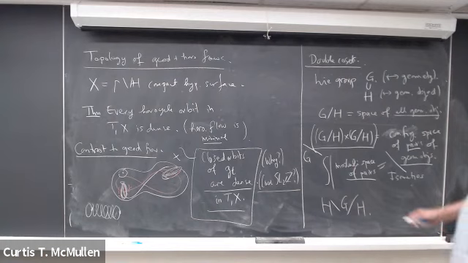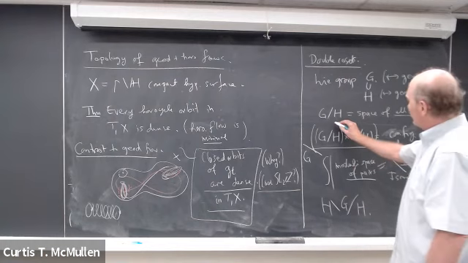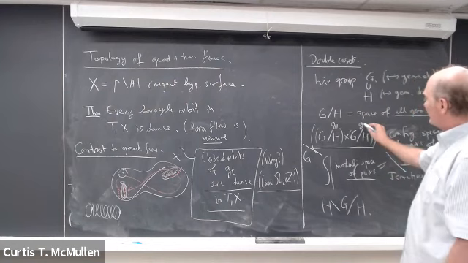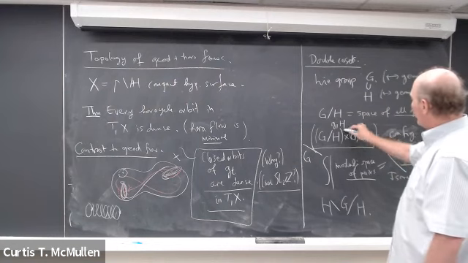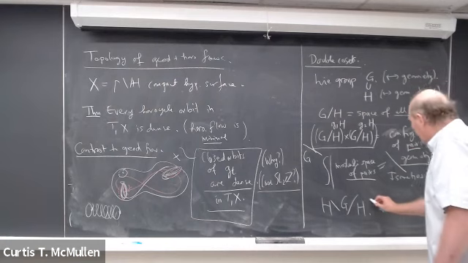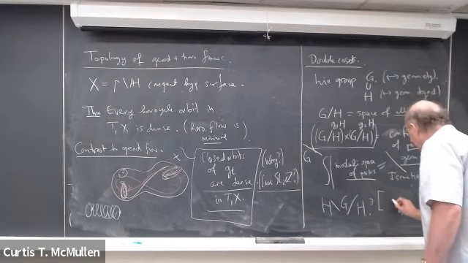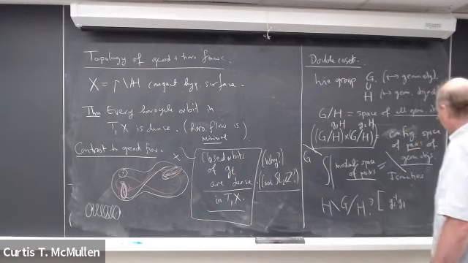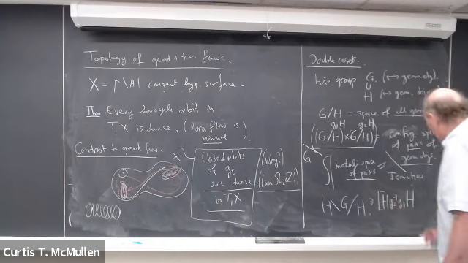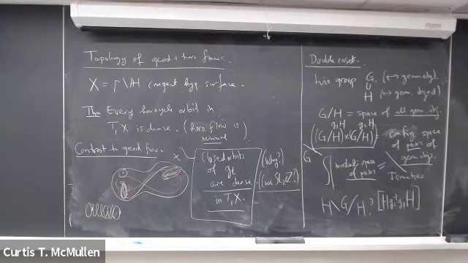And indeed, the map is, if you take an element specified by g1 and g2 here, that is the coset g1H and the coset g2H, you can associate to that the element g2 inverse g1. And g1 is well defined up to multiplying by H on one side, and g2 inverse by multiplying on the other side.